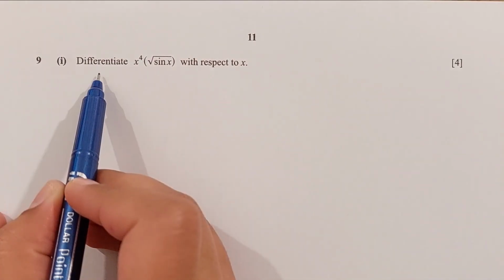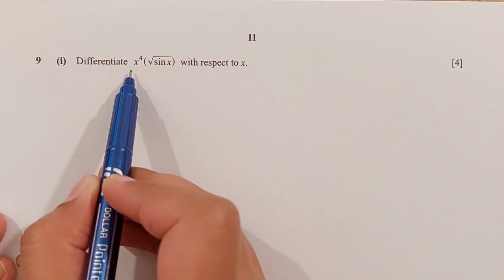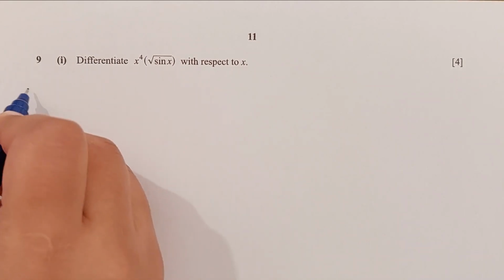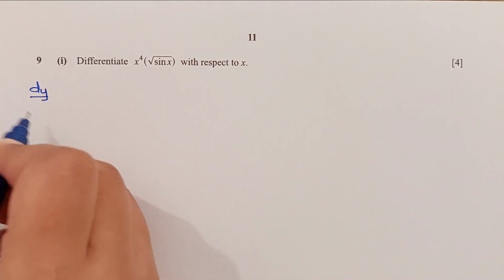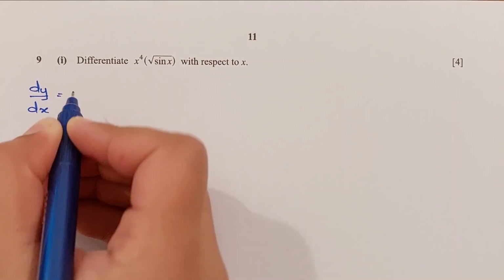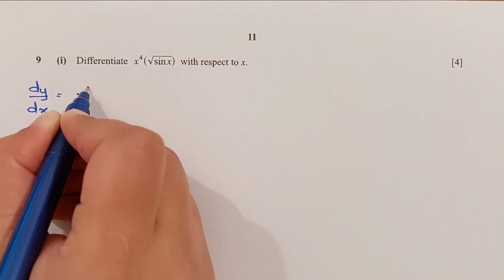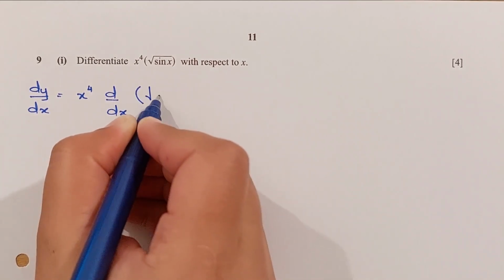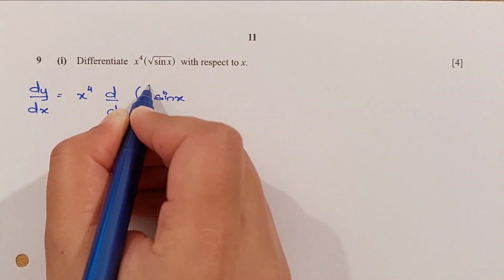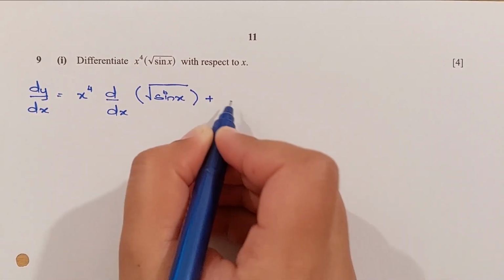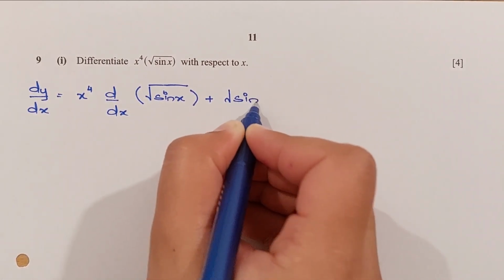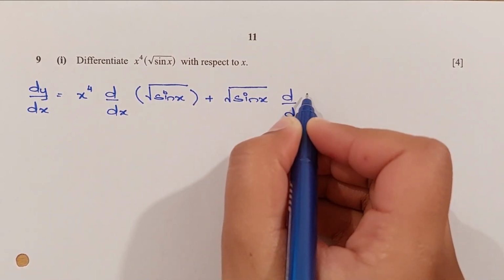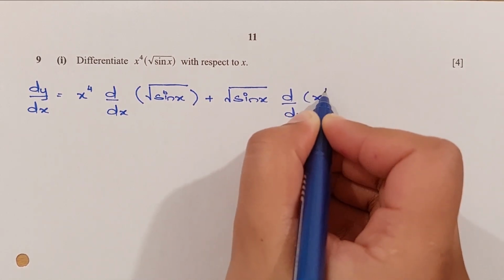Question number 9, part 1, differentiate the function with respect to X. So we have a product of two functions. We have to use a product rule here. So we can say dy over dx, if this function is y, this is equal to the first function, the derivative of the second function, square root of sine x, plus the second function and the derivative of the first function, x4.